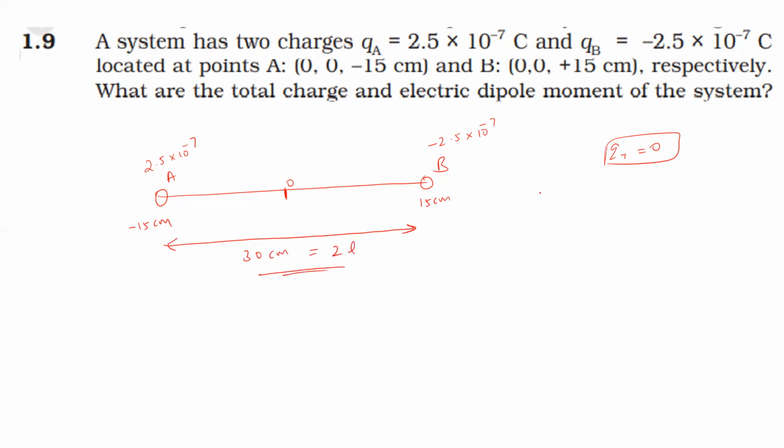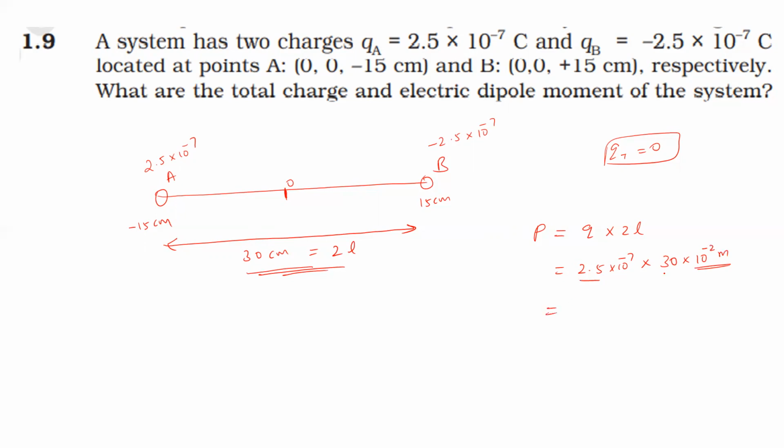Now if you want to find the electric dipole moment, the formula for electric dipole moment is equal to one of the charges into the distance between the two charges. Here the charge value is 2.5 into 10 power minus 7 and the distance between these two charges is 30 centimeter. Let us write this 30 centimeter in terms of meter: 1 centimeter equals 10 power minus 2 meter, so we substitute 10 power minus 2 meter.